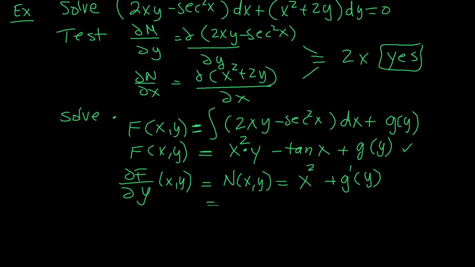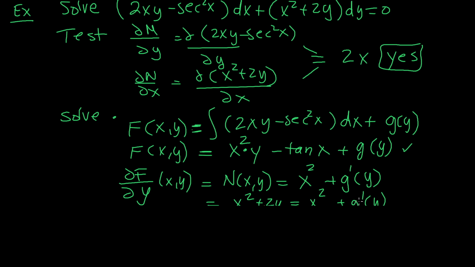I'll let you find it first. It's x squared plus 2y. It's equal now to x squared plus g prime of y. And now you'll ask, what is g prime of y? Okay, if you say 2y, then that's correct. Good job.